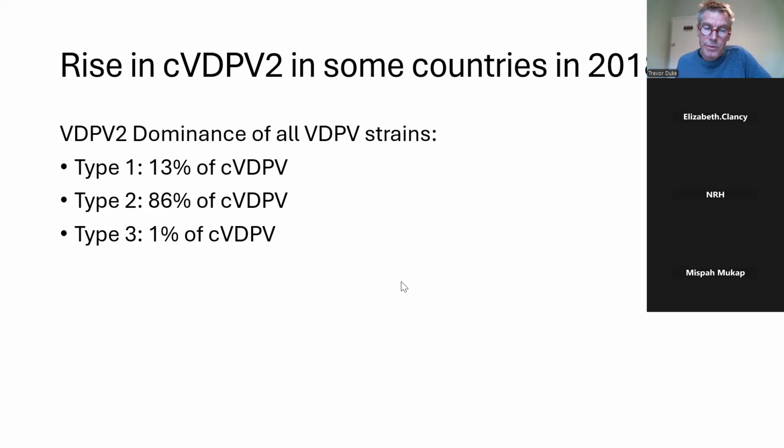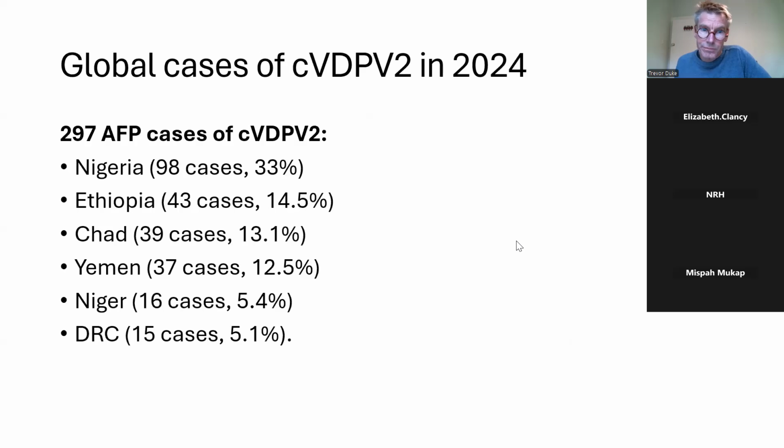So just remember again, type 2 was taken out of oral polio vaccine, and now we just use BOPV, which is 1 and 3. There has been a rise in cases of type 2, especially vaccine-derived poliovirus circulating and causing some paralysis in several countries.